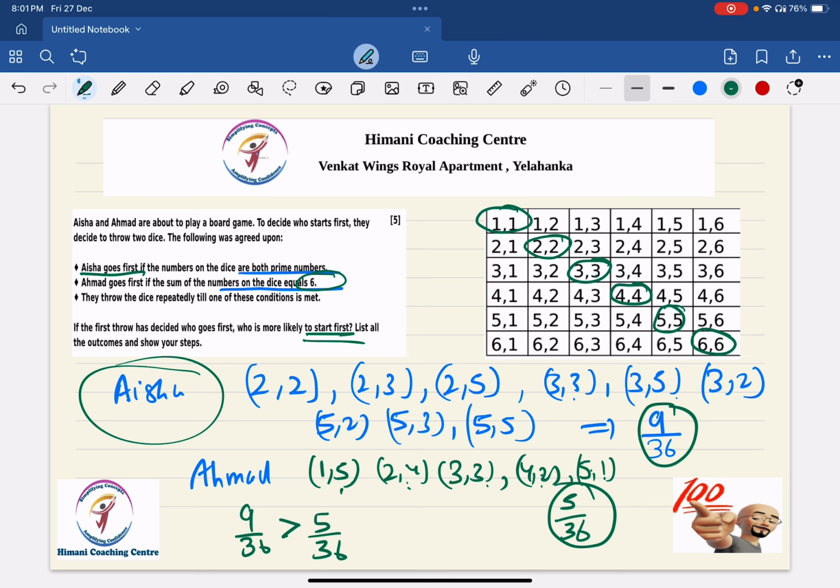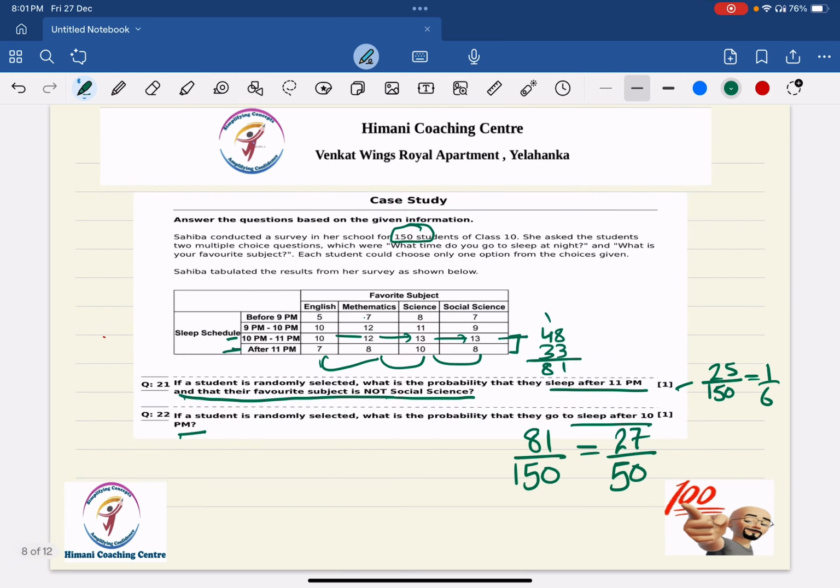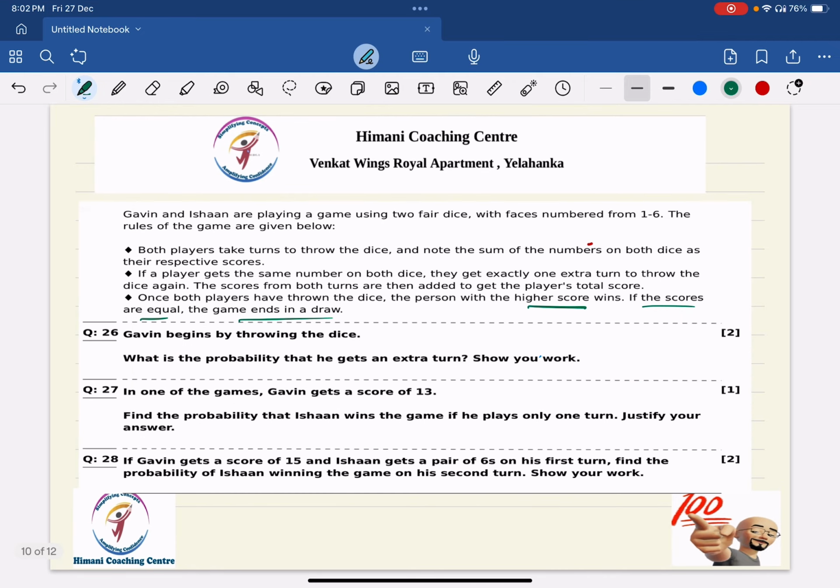So what are the favorable outcomes? 1,1; 2,2; 3,3; 4,4; 5,5; 6,6. So there are six such outcomes. We will show the working and say the favorable outcomes are 1,1; 2,2; 3,3; 4,4; 5,5 and 6,6. So the number of favorable outcomes is 6. Total outcomes are 36. So the probability that he gets an extra turn is going to be 1 by 6.